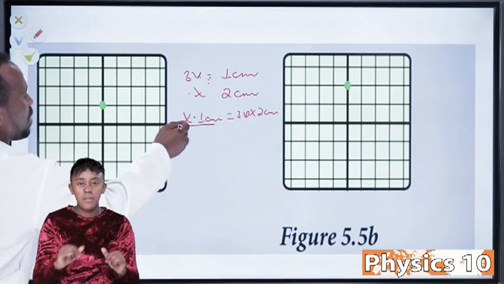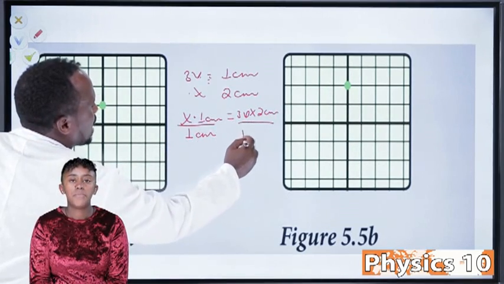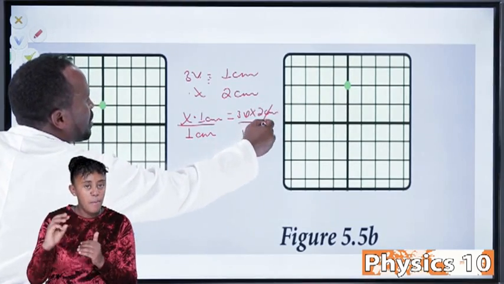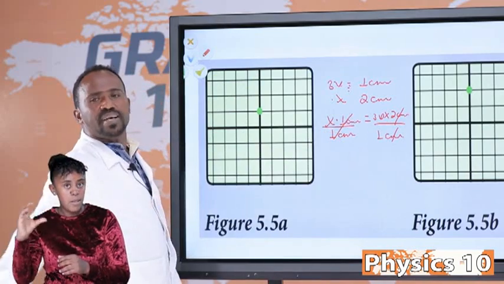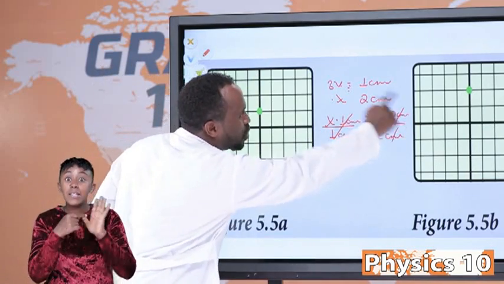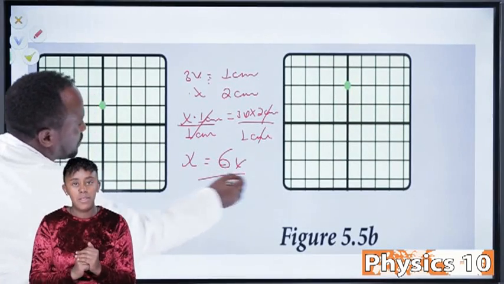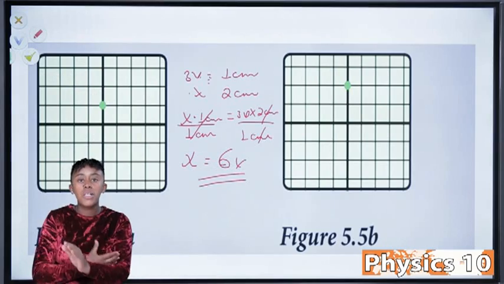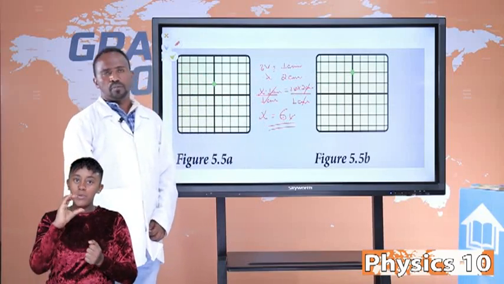Then divide both sides by 1 centimeter. Here centimeters cancel centimeters, 1 centimeter cancels 1 centimeter. Students, we get the final voltage that displaces the spot by 2 centimeters. 3 times 2 is 6 volts. This is the unknown potential that deflects the spot by 2 centimeters.